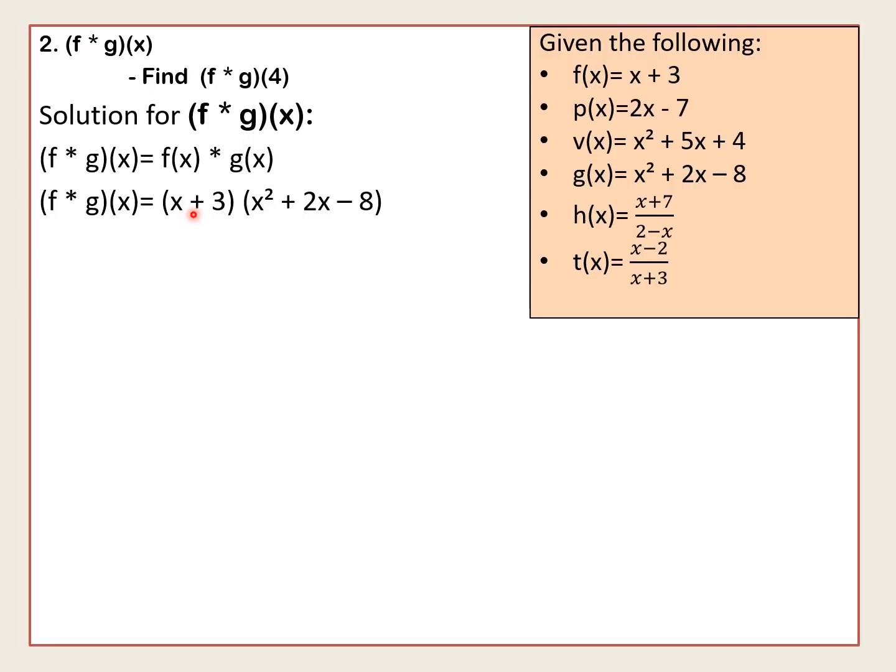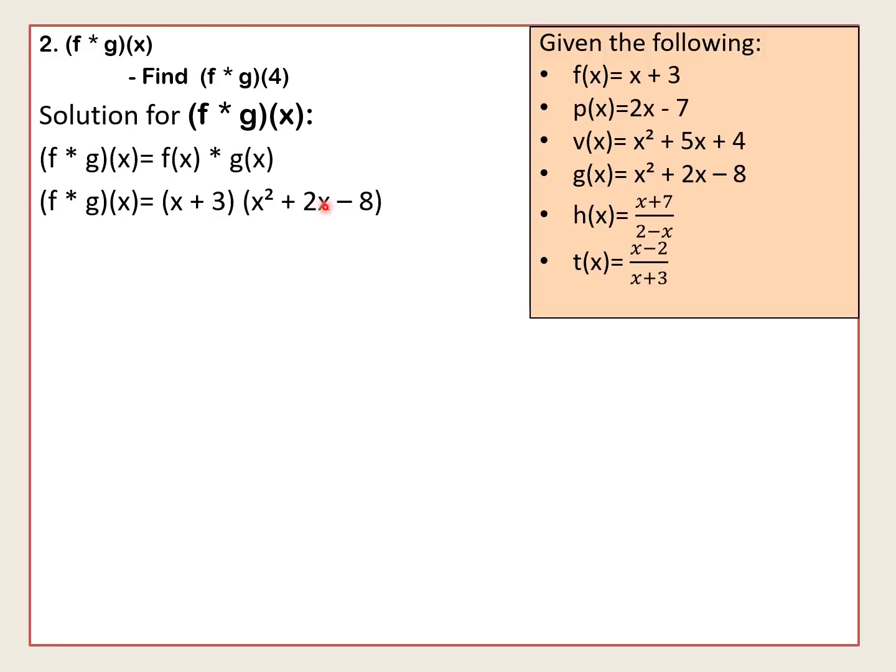Okay? Whatever the operation, for us to easily recognize the values of each function. Now, here we have f of x, which is equal to x plus 3 multiplied by, what is the value of g of x? Our value of g of x is x squared plus 2x minus 8. So, here it is. x squared plus 2x minus 8.